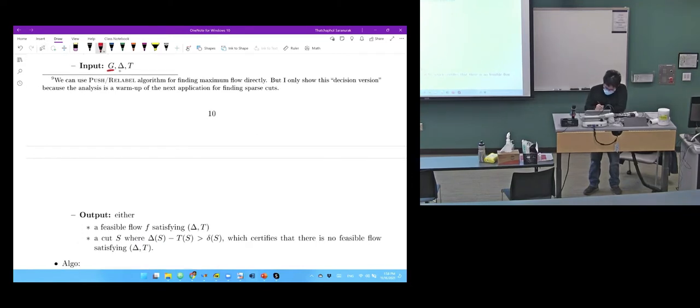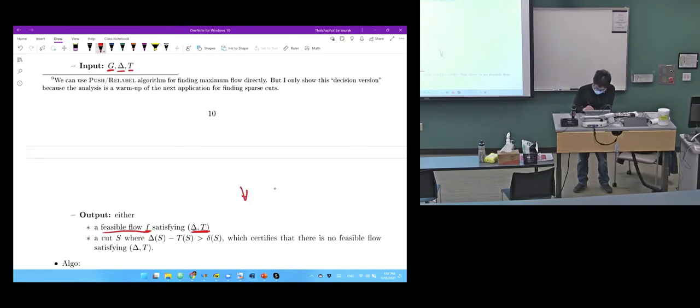You're given a graph and a sink and source function. What you need to do is either find a feasible flow certifying the sink and source. Do you recall what it means here? Can someone tell me what it means for f to certify this?